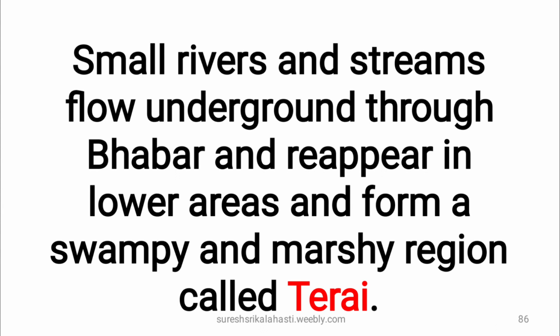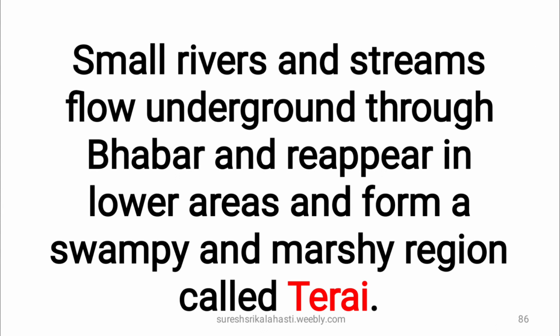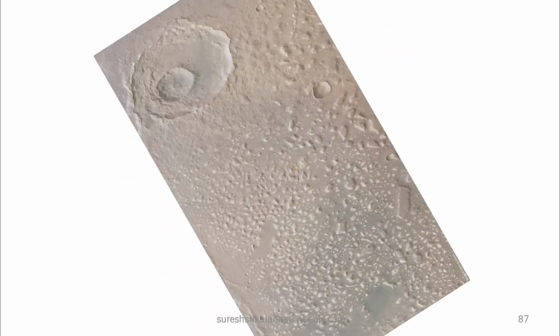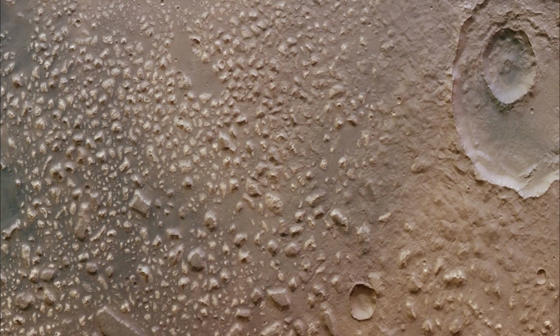Next, small rivers and streams flow underground through Bhabar and reappear in lower areas and form a swampy and marshy region called Terai. So this is Terai. It is very swampy land.